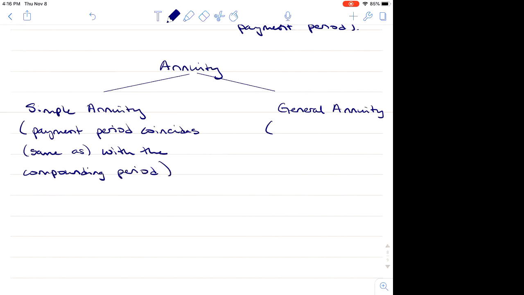And a general annuity, right, is where the payment and the compounding periods are different.